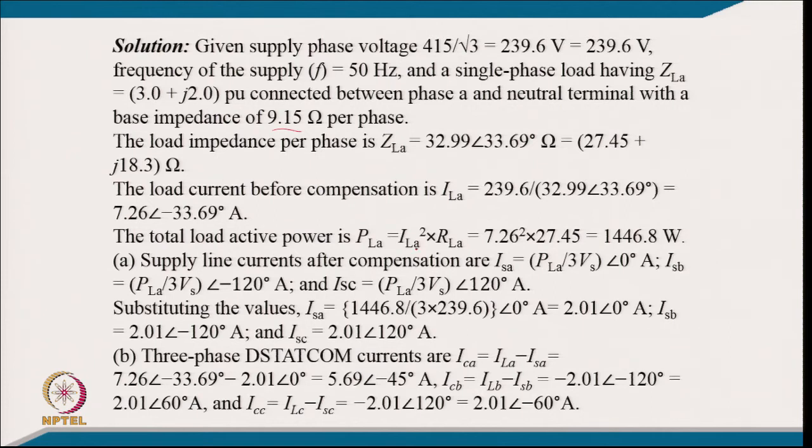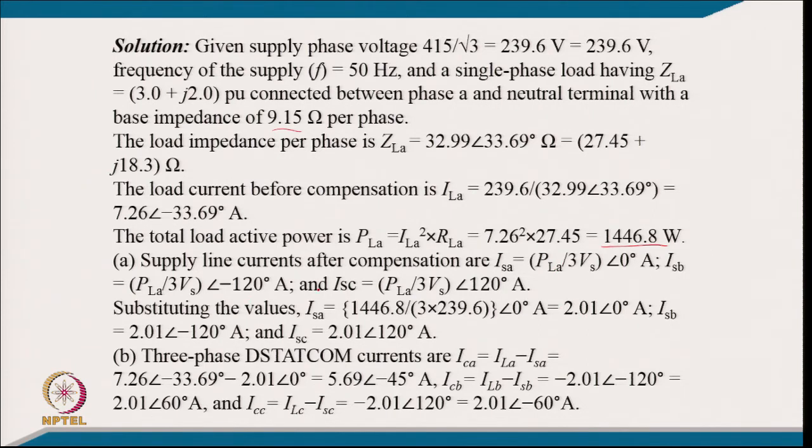So, total active power, we can find out I square RLA, and that comes 7.26 square into 27.45. So, that comes to 1446.8 watt, and the supply line current after compensation comes like, because this power will be divided by 3, so PLA divided by 3 Vs at the angle.